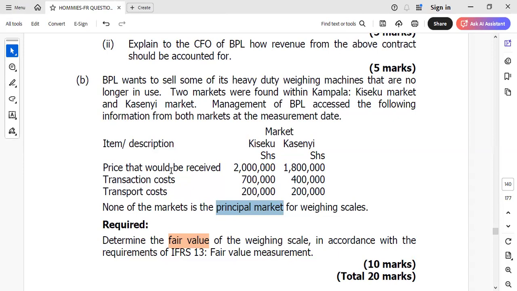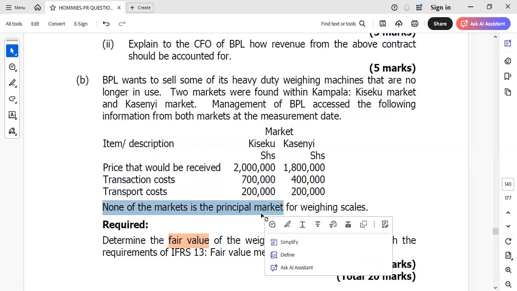When you go to that market, you find a lot of identical assets being sold. Now, in the situation where you don't have the principal market, you must immediately determine the most advantageous market.